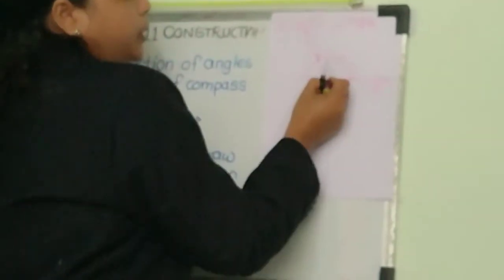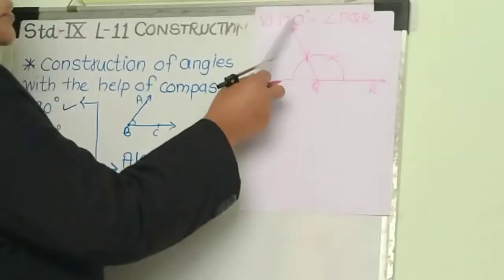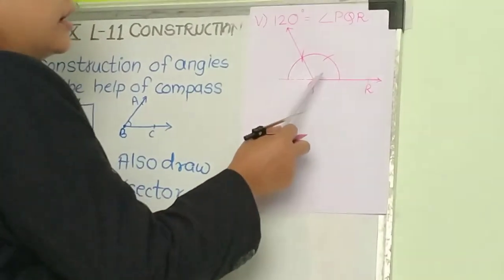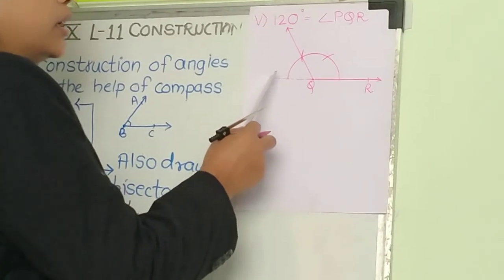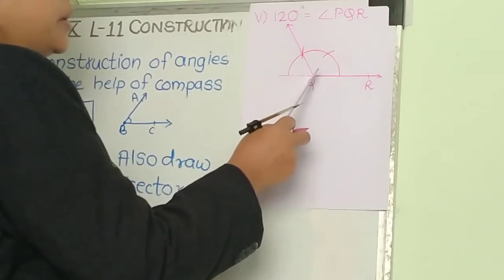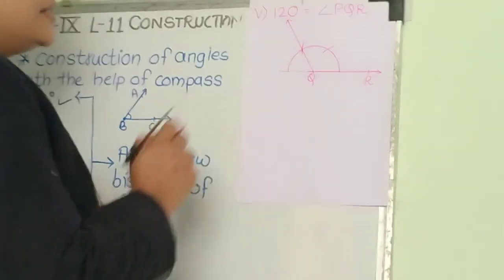Directly we are going to draw the ray passing through it. See here what we did. First we draw the QR ray, then we extend the QR ray to the left of Q, then through the point Q we draw the semicircle with a fixed length.